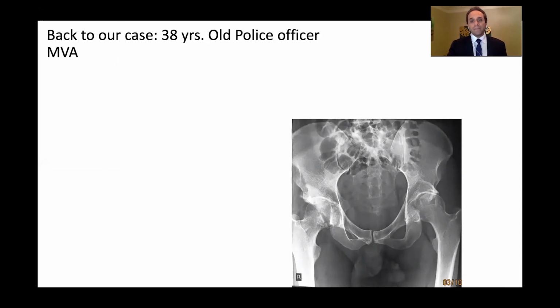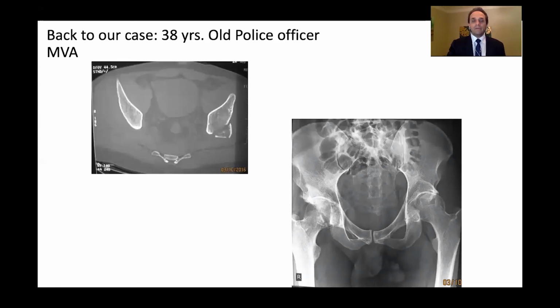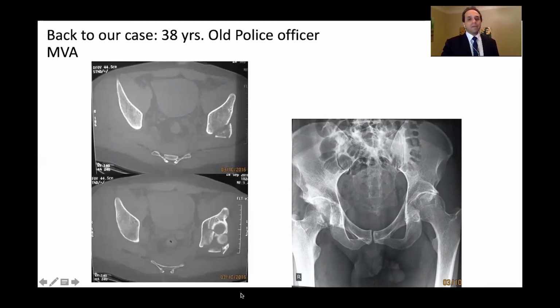Let's go back to our case example, a 38-year-old police officer involved in a motor vehicle accident. I hope by now you can tell me what there is on the X-ray. When we look, this is an example of the axial CT scan. You can see on the left-hand side, there is a posterior column fracture, a posterior wall fracture, which is comminuted, and a femoral head dislocation.